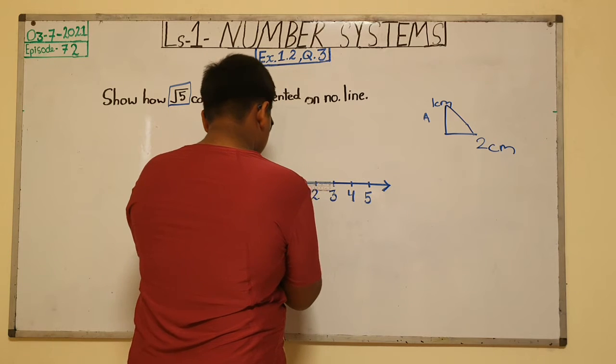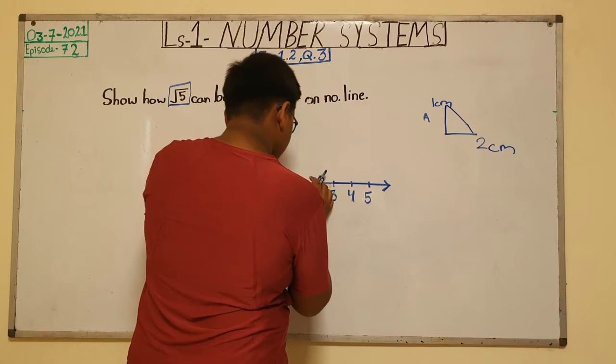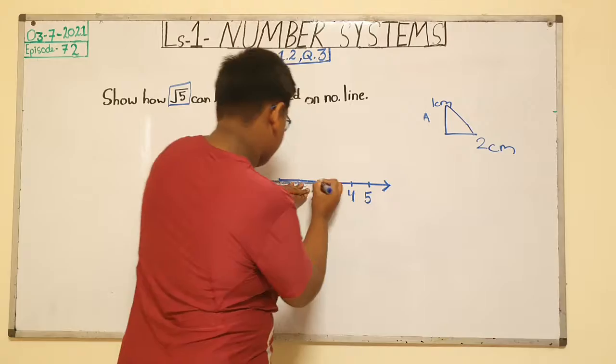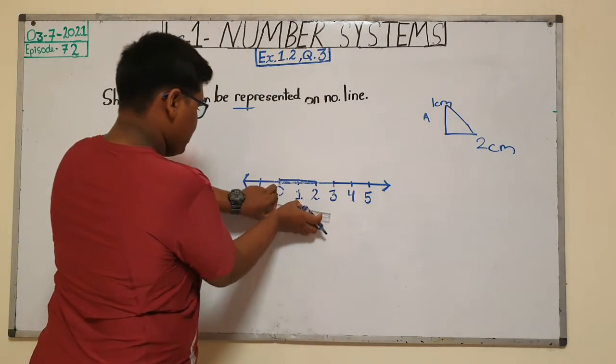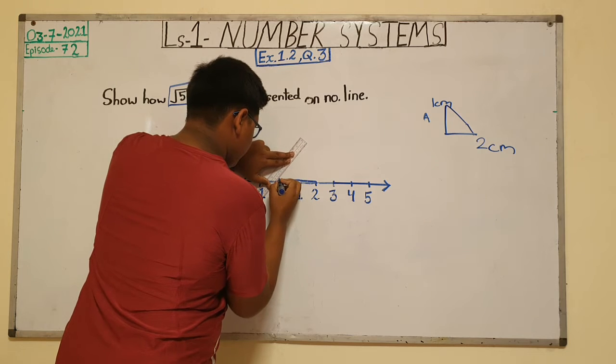I have to start from 0. From 0, I am taking a line till 2 centimeter. After this, we can make a triangle over here.